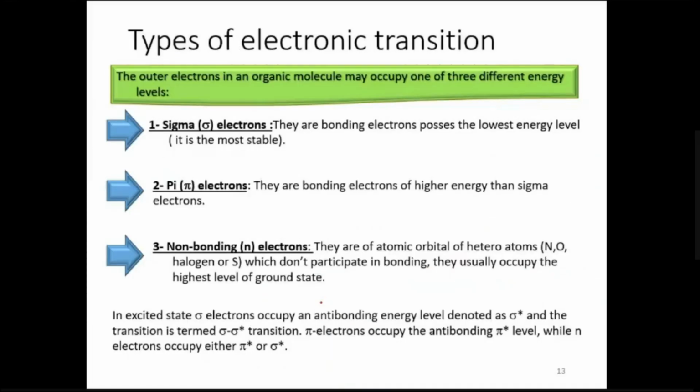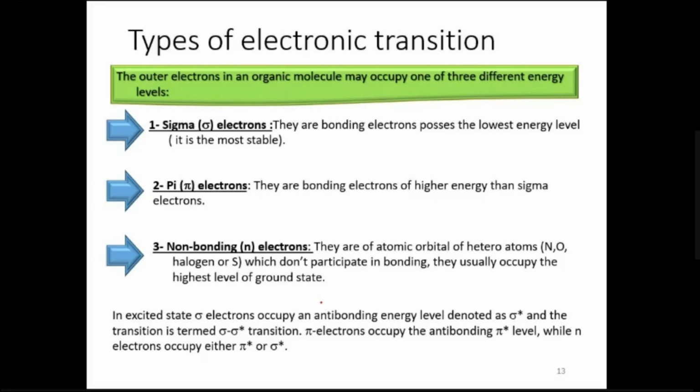Okay, let's move on. Now, the reason behind why we observe absorbance in the UV range: the absorbance of UV radiation by the molecule takes place because of the transitions within the molecules.